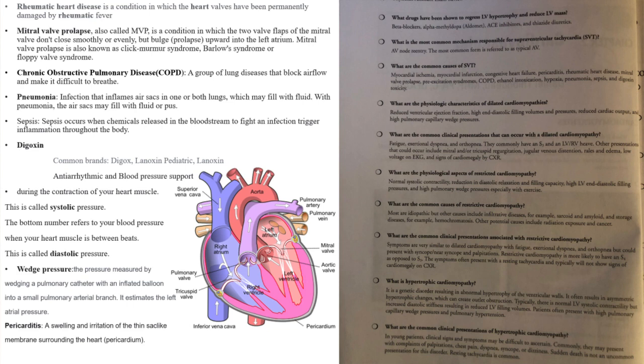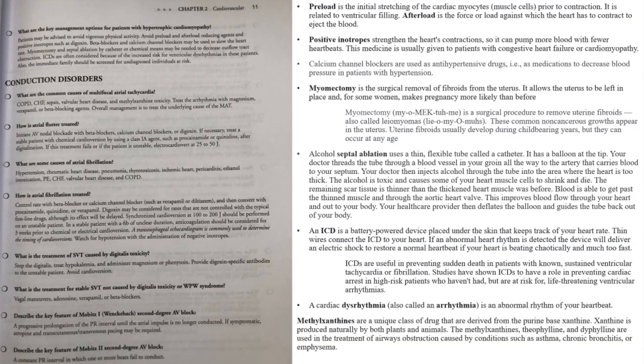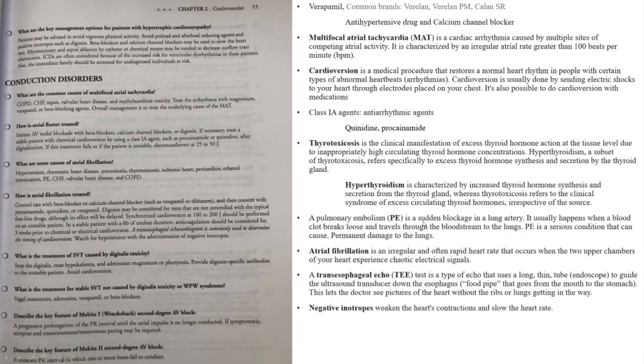I think the pericardium. Swelling and irritation of the thin sac-like membrane. Yeah. Okay. Ethanol intoxication. PE, which is pulmonary embolism, which is sudden blockage in a lung artery. Okay. Congestive heart failure, valvular heart disease, and COPD.